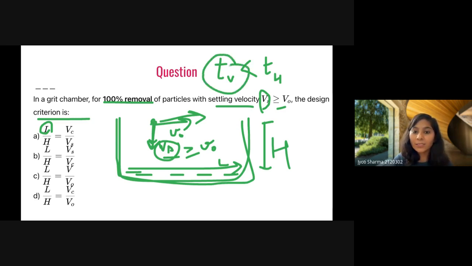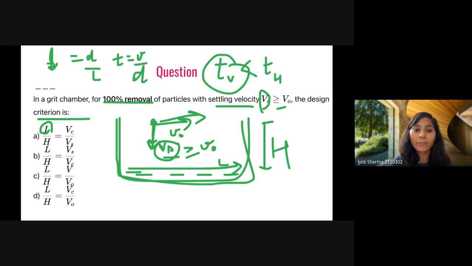You know that speed is equal to distance upon time, and then time is equal to distance upon speed.